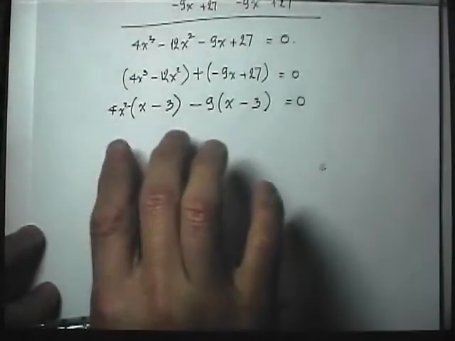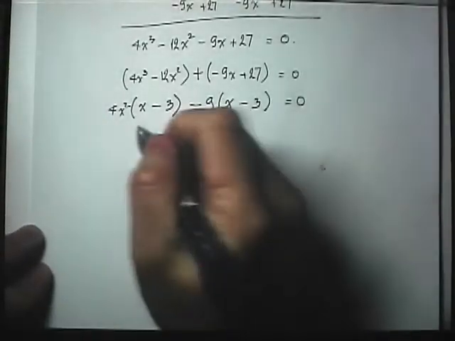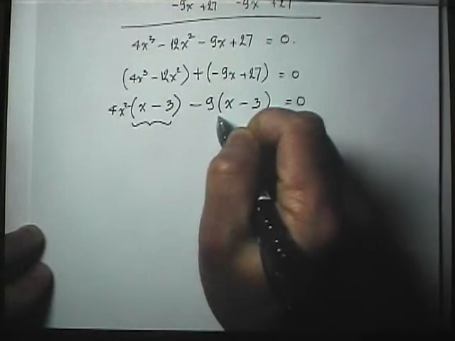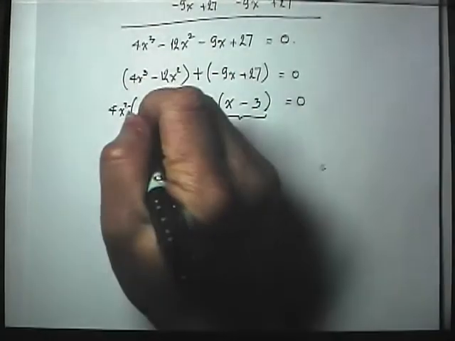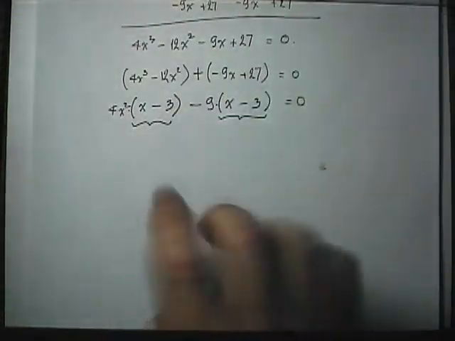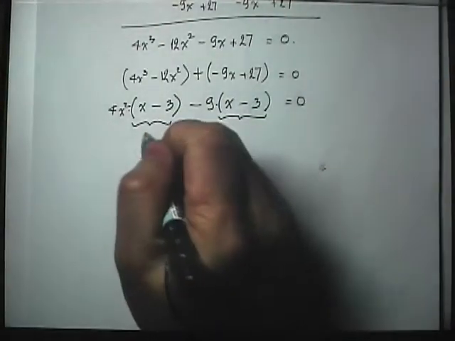Now, if I'm looking at the 2 groups together, I do see a common factor. I underline right here my GCF, one common factor for the 2 different groups.